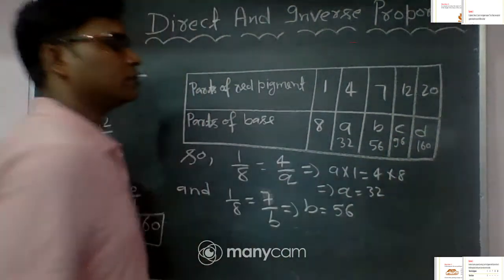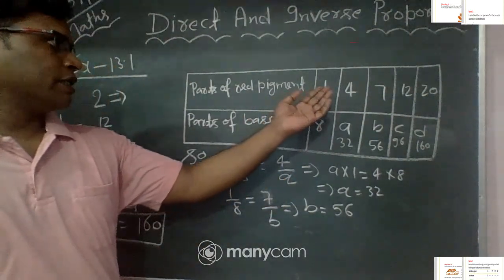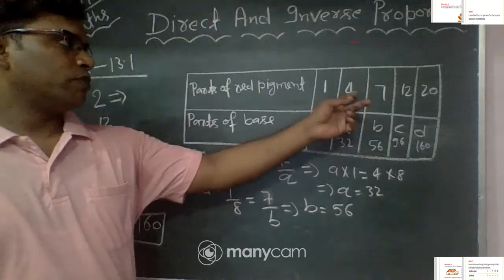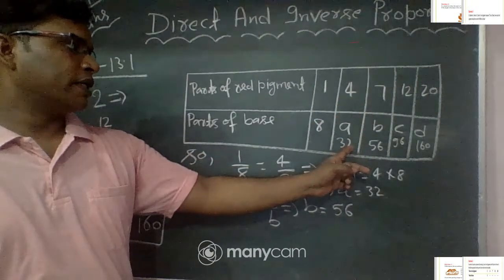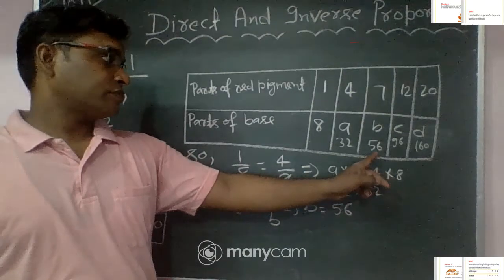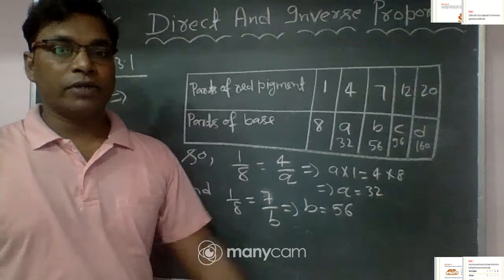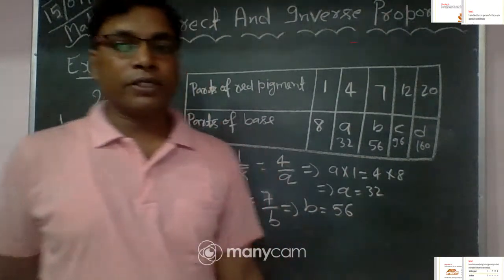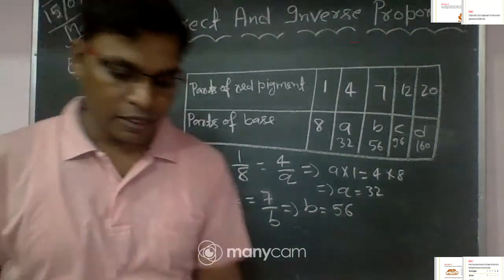Okay, so we find one part of red pigment is equal to 8 parts of base, 4 parts of red pigment is equal to 32 parts of base, 7 parts of red pigment is equal to 56 parts of base, 12 parts of red pigment is equal to 96 parts of base, and 20 parts of red pigment is equal to 160 parts of base. Okay, so this is clear.